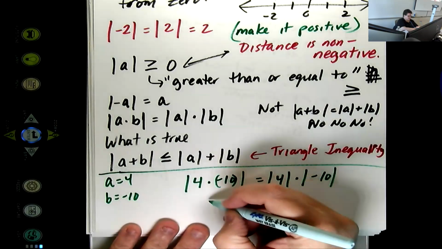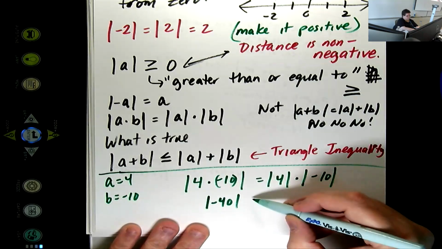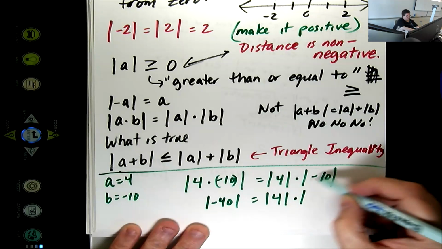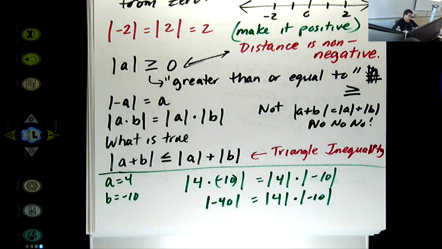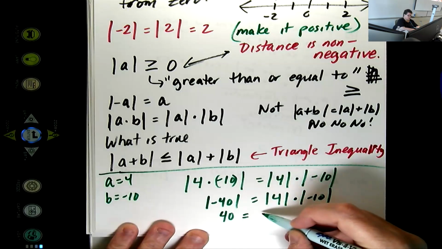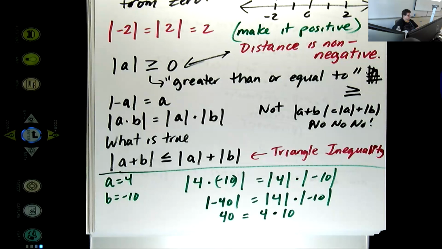Four times -10 is -40. Now I'll deal with the absolute value signs, just turn everything inside positive. Forty equals 4 times 10.